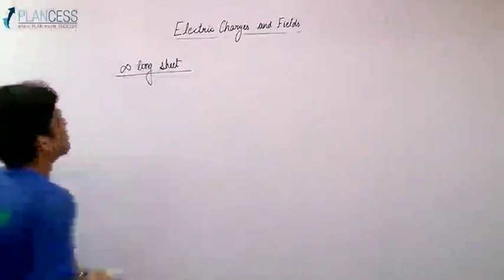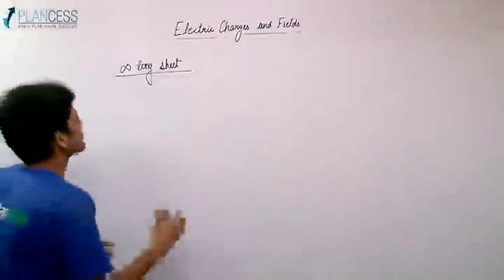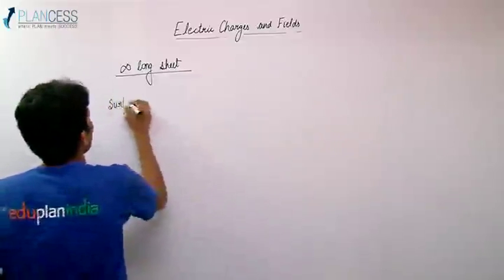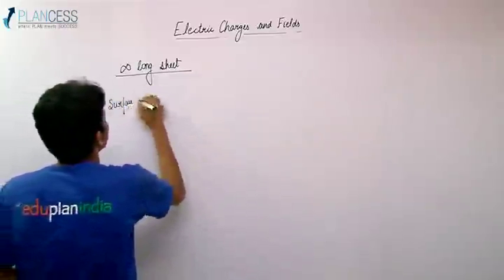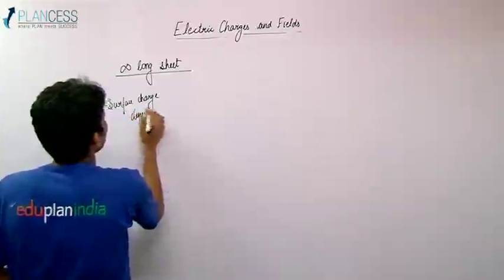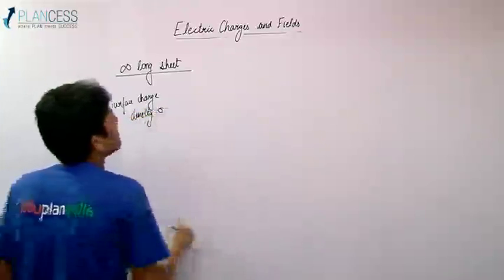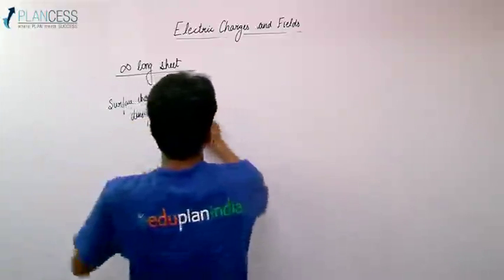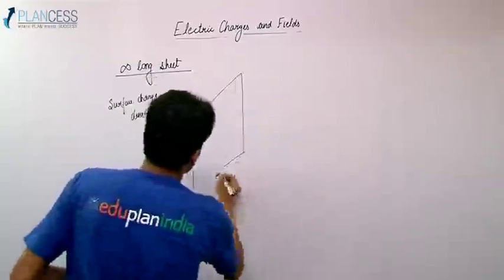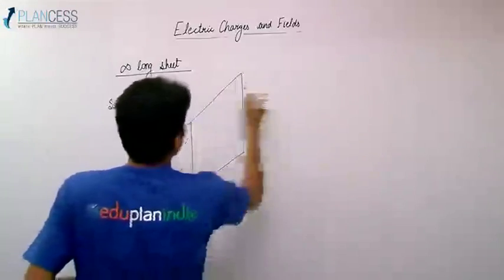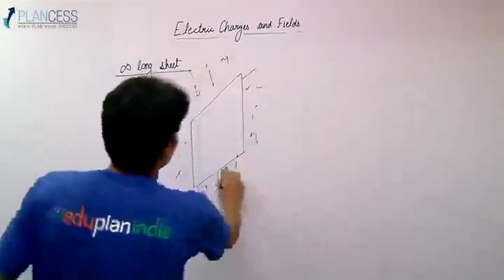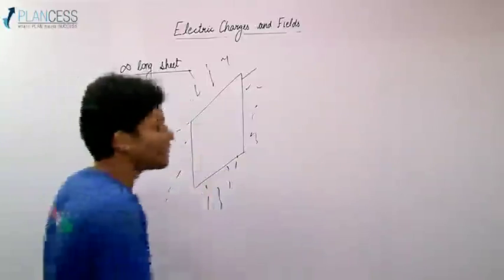Now let's study the electric field by an infinitely long sheet. Similarly, as we did for the disk, the surface charge density here is again sigma. So if I consider my infinitely long sheet like this, and it extends here, there, here, and there, so it extends in all four directions, and this is my infinitely long sheet.